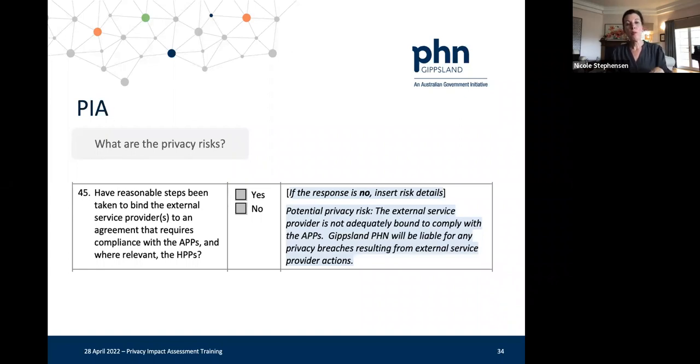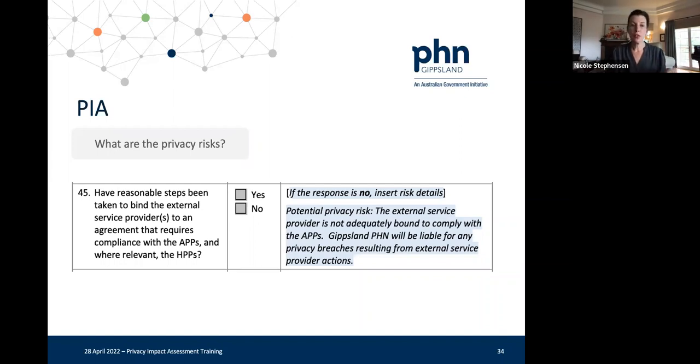And in our privacy laws, both at the Commonwealth level, where you have the general privacy requirements, you also have your health privacy requirements that may be relevant in this case in terms of what service providers must agree to before they're able to handle personal information on your behalf.